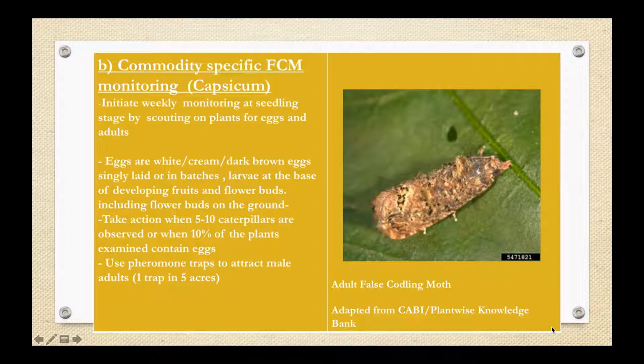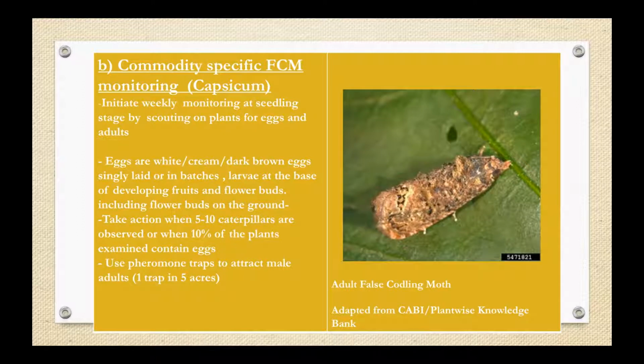So when you are looking at the larvae, for example, and you come across about 5 to 10 larvae on a plant, or 10% of the plants observed contain eggs, you are supposed to initiate action. And this action should be taking the appropriate phytosanitary measures, which include sometimes using pheromone traps.